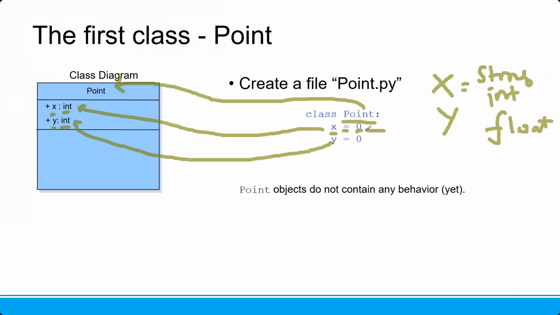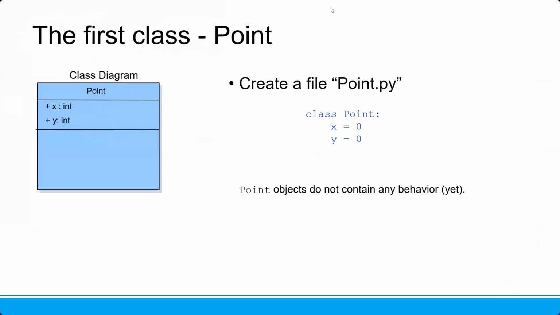If you want to put an integer, then you can put 0. If you want to put a float, what is the value? A float is a number with a comma, so you can define X equal to 0.0.